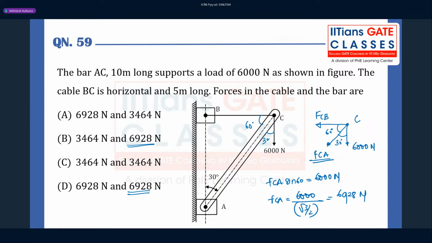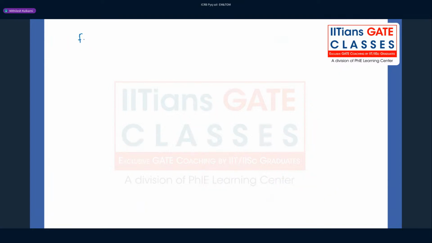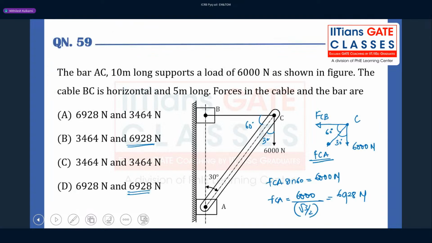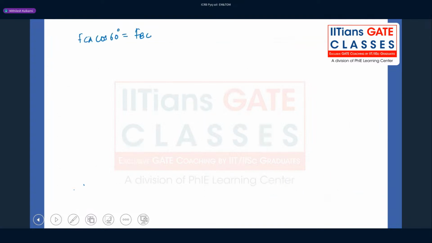In order to choose the correct one, let's find FCB. Horizontal component of FCA has to be equal to FCB. So FCA cos of 60 degrees, the horizontal component of FCA, is equal to FCB. So 6928, which we just calculated, into cos of 60 gives us FCB.